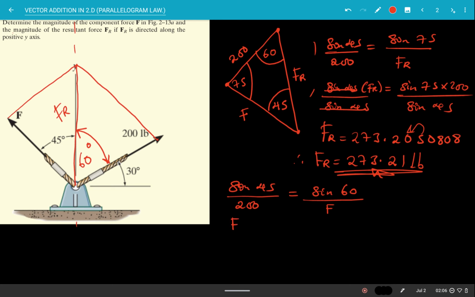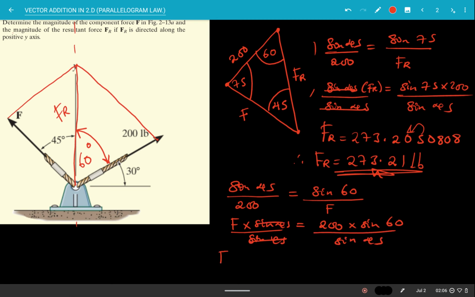This will be F times sine 45 is equal to 200 times sine 60. Since we're looking for F, all we have to do is divide by sine 45.